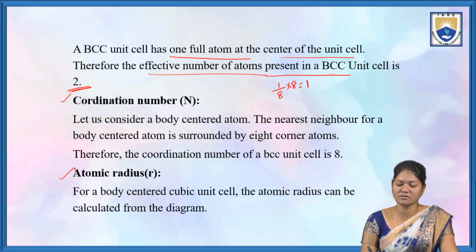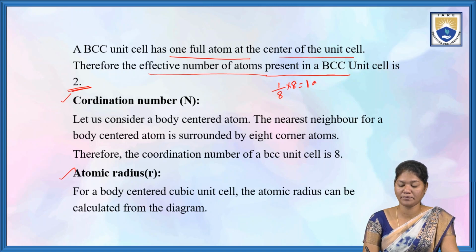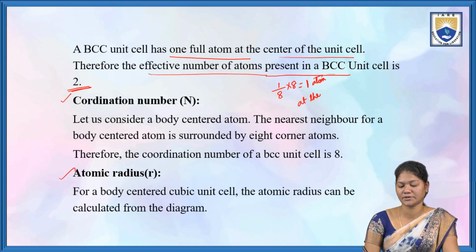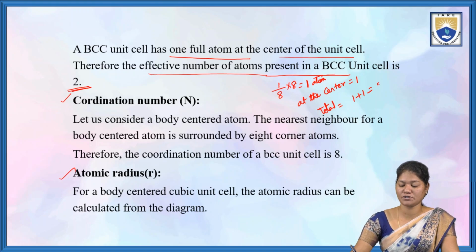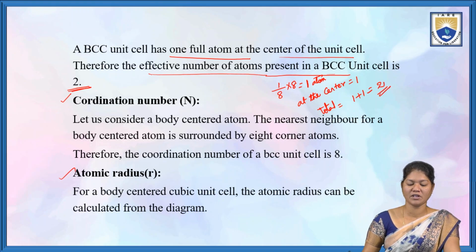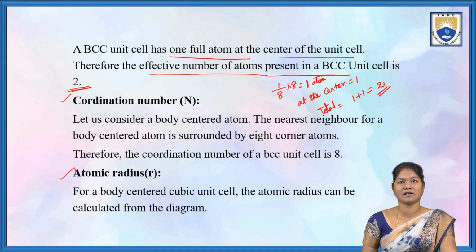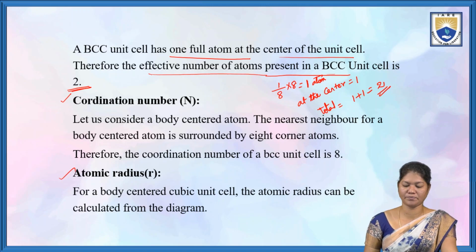So 8 corners, 1 by 8 into 8, gives 1 atom, and along with that at the center one full atom. So 1 plus 1, the total number of atoms is 2. So the BCC unit cell contains 2 atoms.